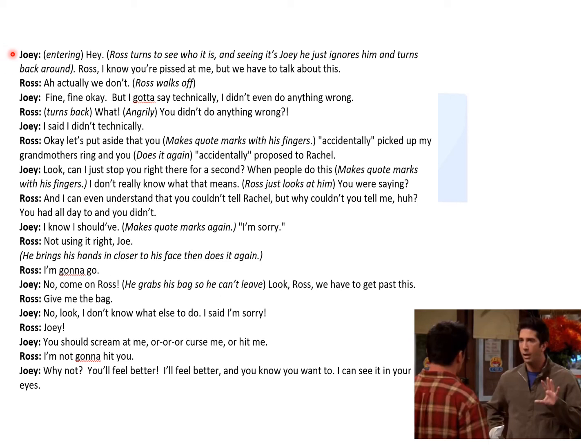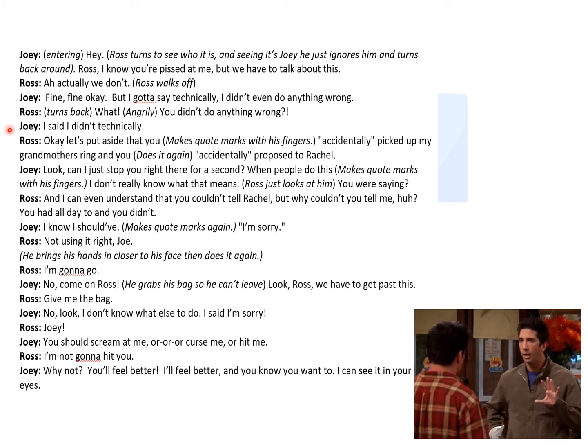So we've got Joey entering Central Perk, the coffee shop. Hey. Ross turns to see who it is, and seeing it's Joey, he just ignores him and turns back around. Ross, I know you're pissed off at me, but we have to talk about this. Actually we don't. Ross walks off. Fine, okay, but I gotta say technically I didn't even do anything wrong. Ross turns back. What? You didn't do anything wrong?